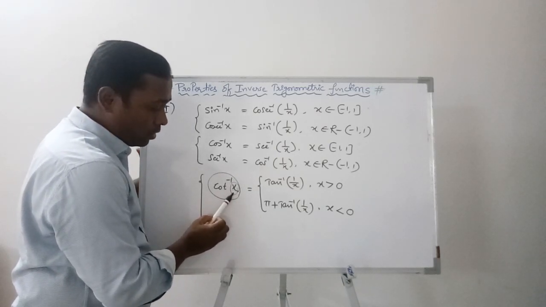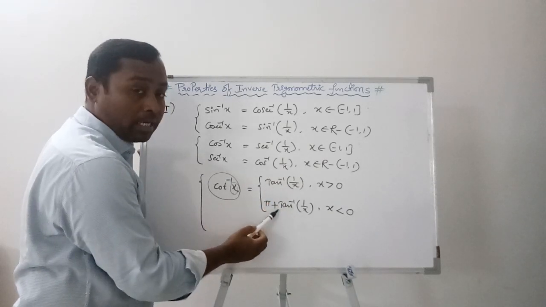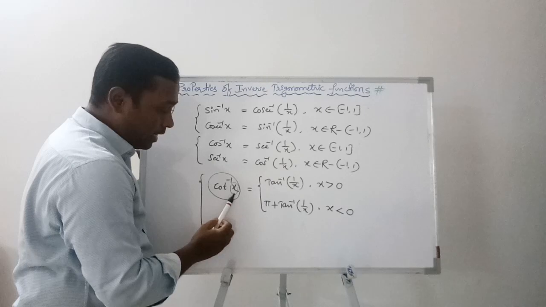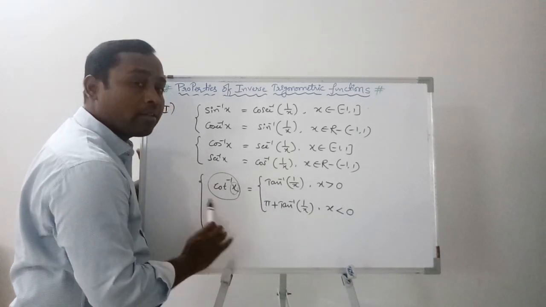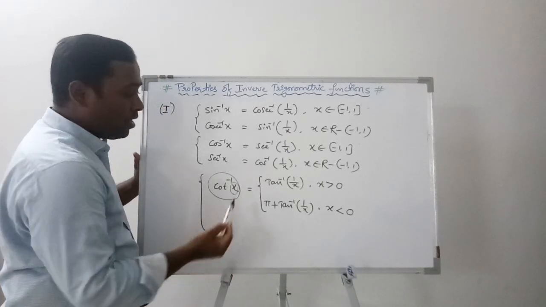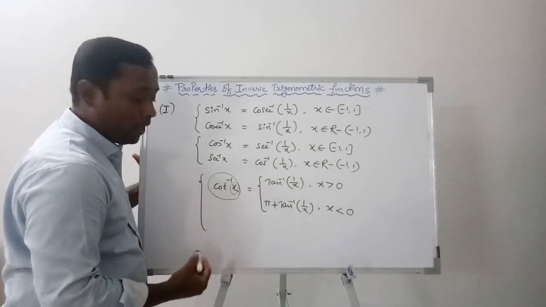If x is positive, you can simply convert them into tan inverse of 1 by x. If x is negative, then you have to use pi plus tan inverse 1 by x. Nothing else, very simple to remember. You just need to follow the condition before applying the formula.